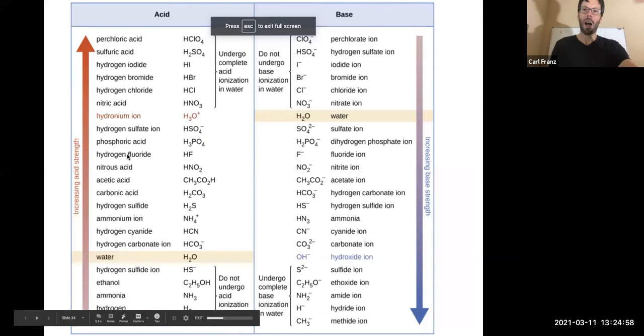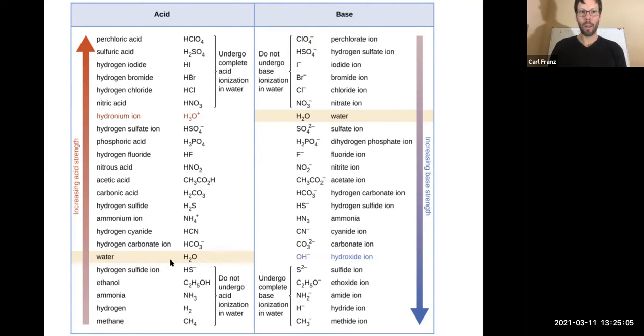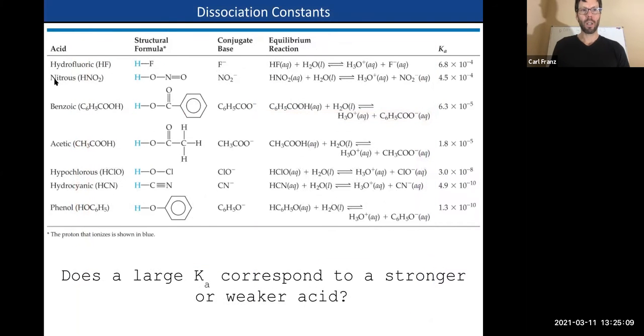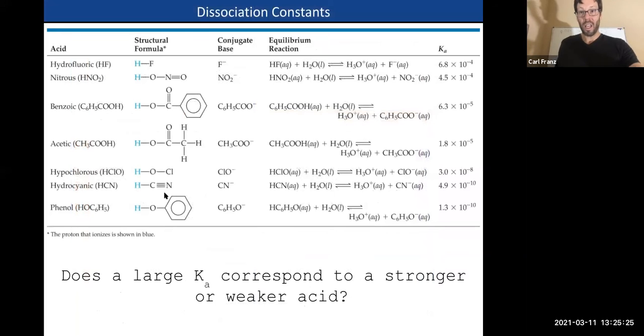Here we go. Strong acids, and then it goes increasingly weaker till you get to neutral at water, right? And so what are these acids here that they're showing? Hydrofluoric, nitrous, benzoic, acetic. So if you look at this, it looks like in this list, the top acids are strongest and it gets weaker over time.